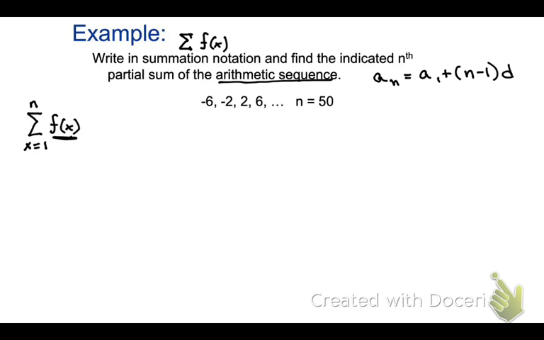So, what's a sub 1? Is it what? 1, negative 6, plus n minus 1, and what's your difference? 4?